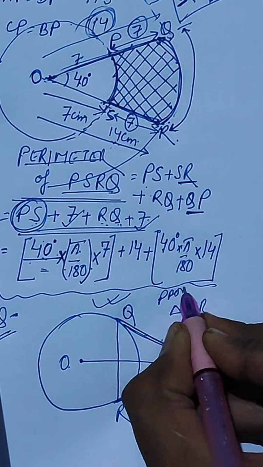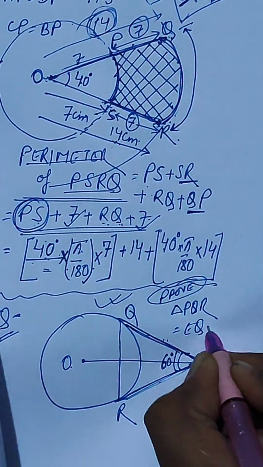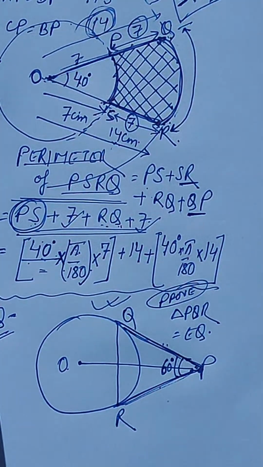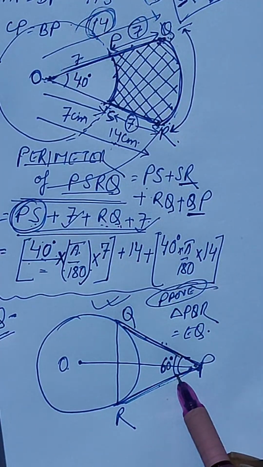is equilateral, right? So to prove triangle PQR is equilateral, we can see this angle is given as 60 degrees.